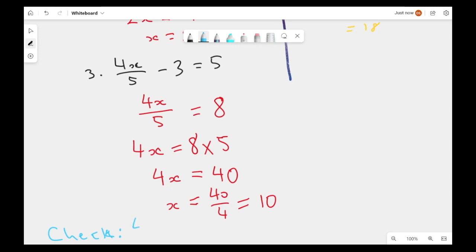So 4 times 10 gives us 40. When we divide that by 5, that gives us 8. And when we subtract 3 from that, that gives us 5, which is our right-hand side. We've proven that x is, in fact, the number that satisfies this equation.